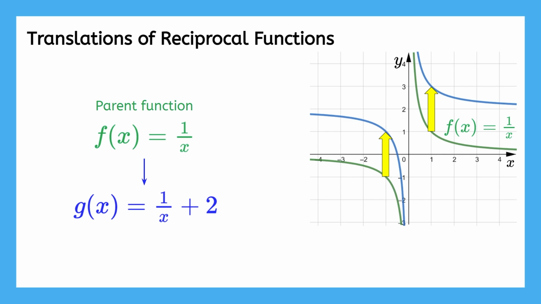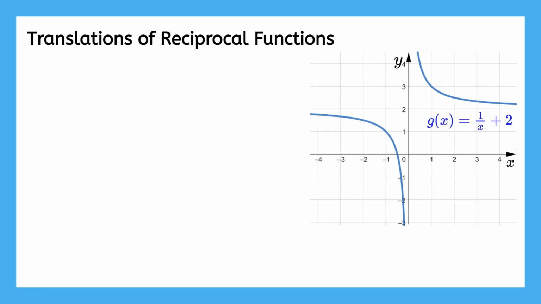There's an interesting change in one of the properties of this graph now that it's shifted. To make it easier to see, let's just look at the new graph. Can you see what important property is changed? Here's a hint. It rhymes with quasymptote. Remember, the parent function 1 over x has asymptotes at both the x-axis and the y-axis.